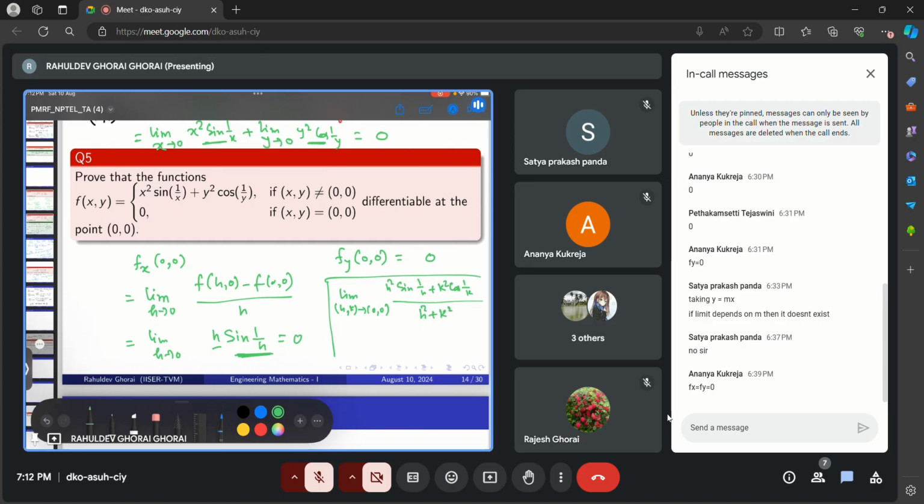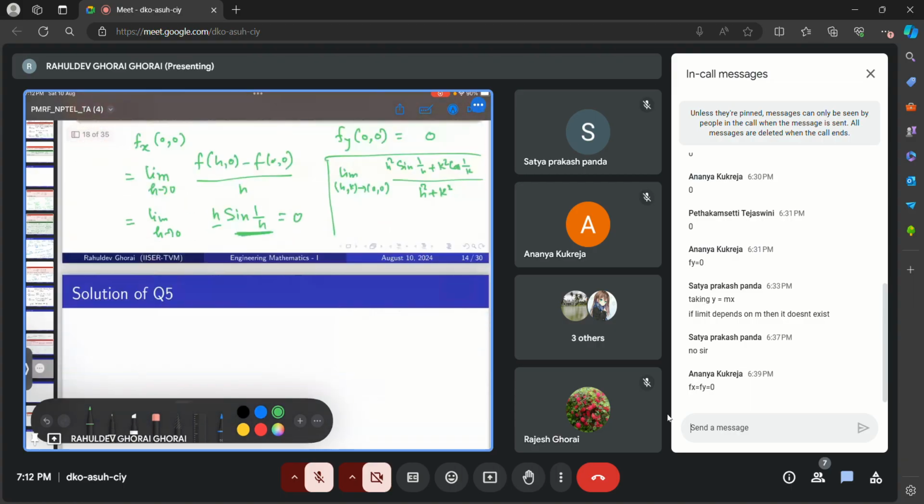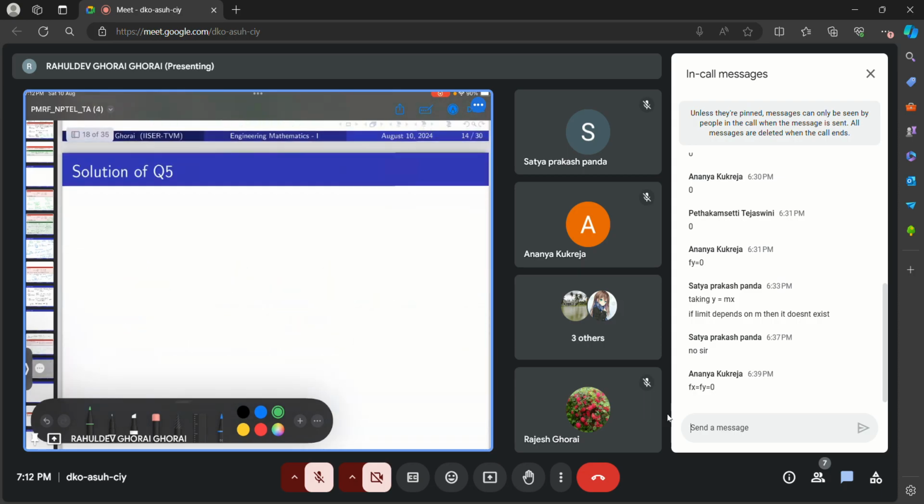So now how do you show that the limit is 0? Because you have to prove that it is differentiable. How do you show that? The solution is not given.